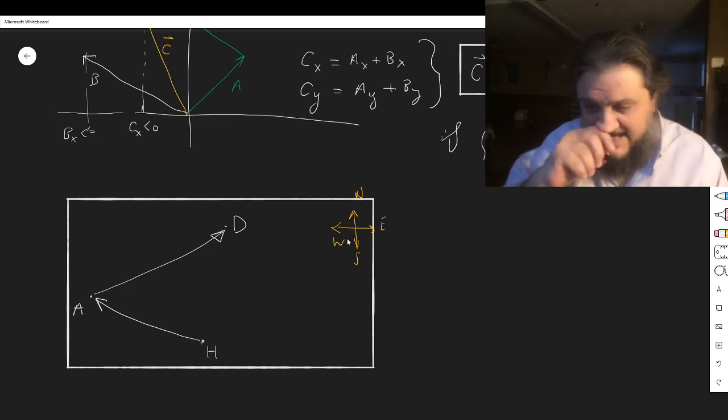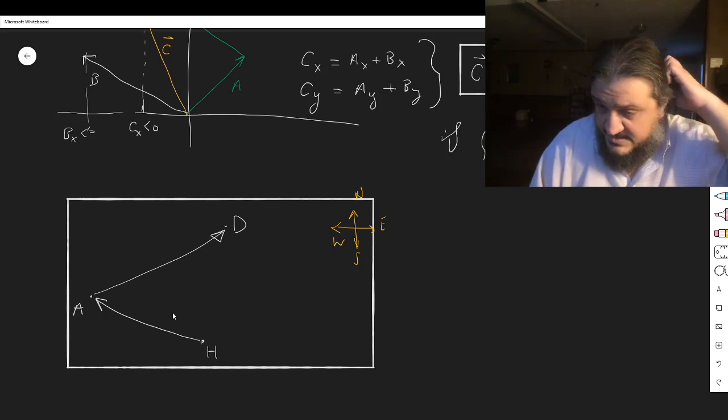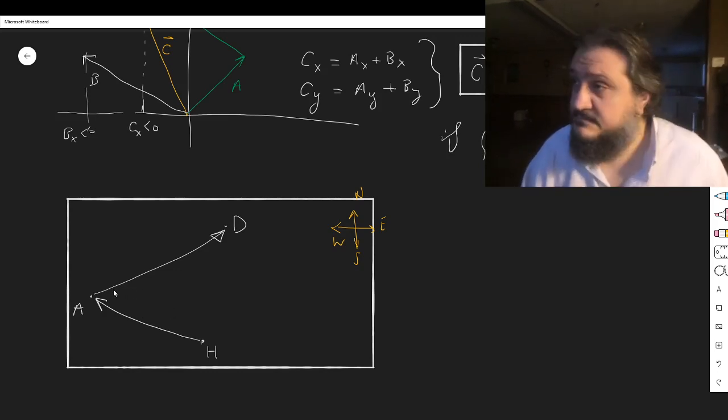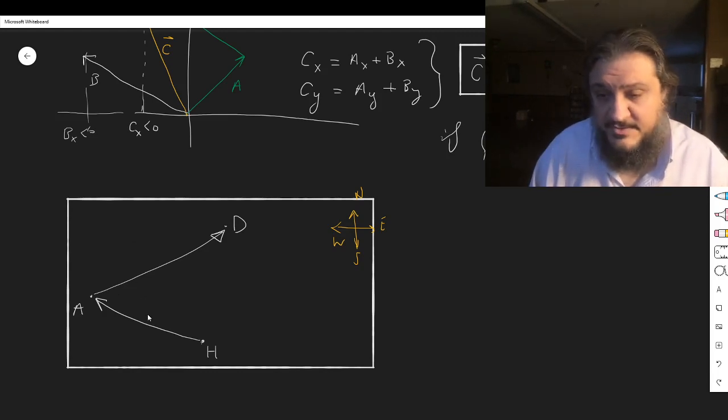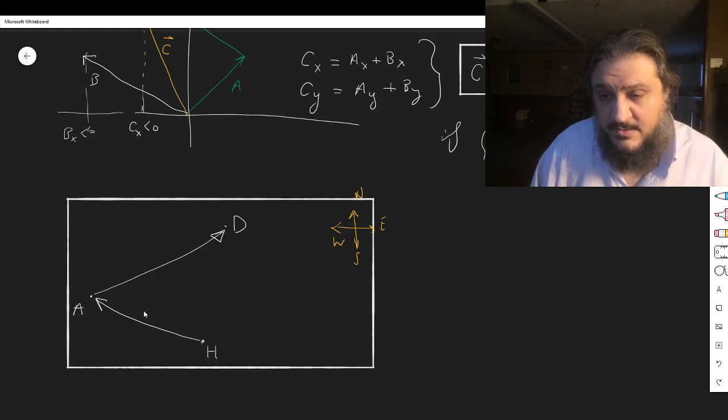All right. Now I'm going to make up numbers, which is not a good thing, but let's just make up a number here. Let's say this is from Houston to Austin. How many miles? Unfortunately I don't know how many miles. I'm just going to make up a number. Okay, 200 miles.